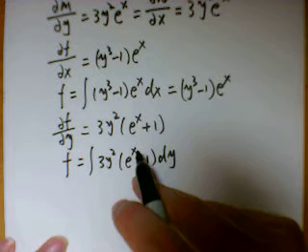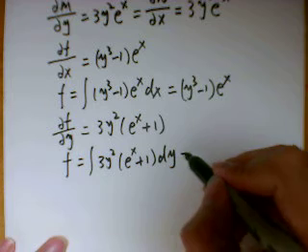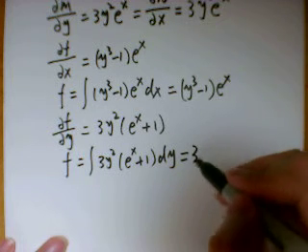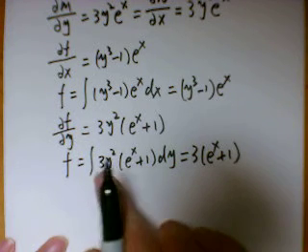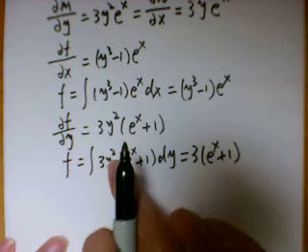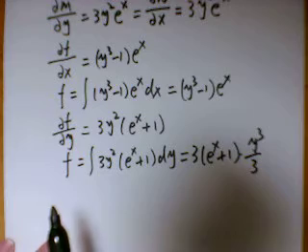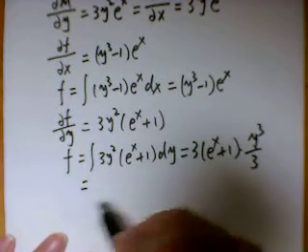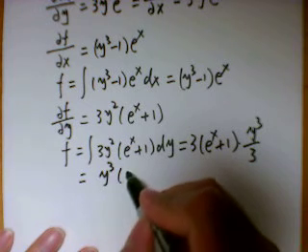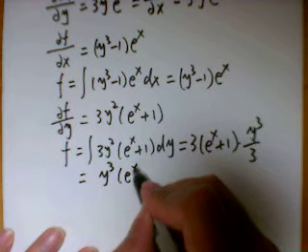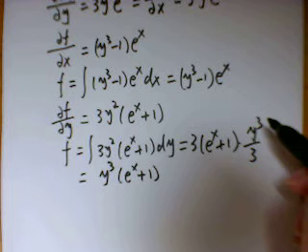We move the constant out of the integral, right? And we have 3 e to the x plus 1. We move these terms out of the integral, and then the integral of y squared is gonna be y cubed divided by 3, right? And then the 3 cancels out, so we get y cubed times e to the x plus 1.